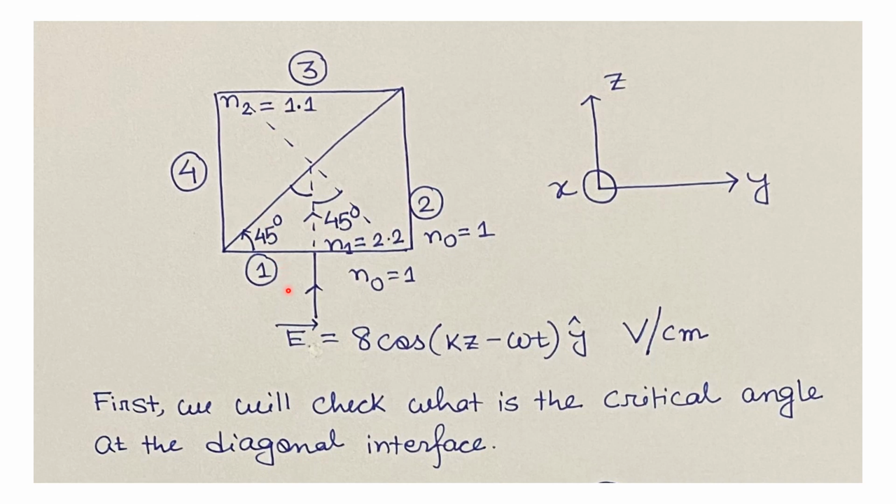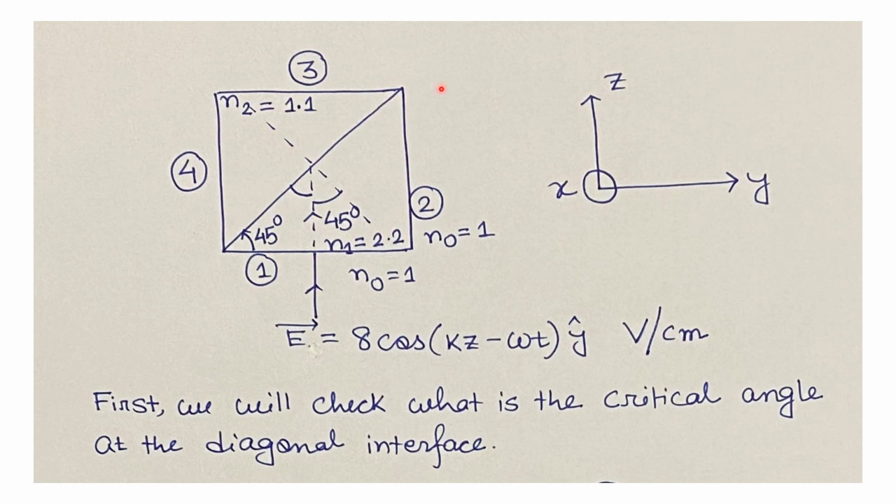Two situations may occur in this case. The first one is that the angle of incidence on this diagonal interface is less than the critical angle for total internal reflection. Then some portion of the incident EM wave will be reflected back in this region and the remaining portion will be transmitted from this interface in this region.